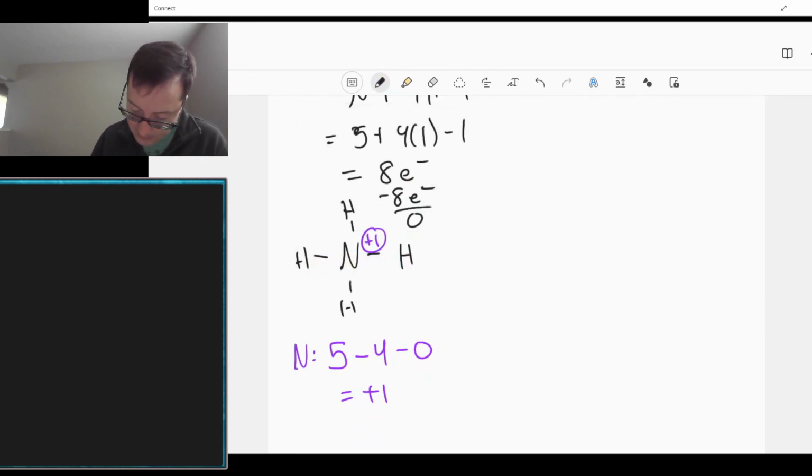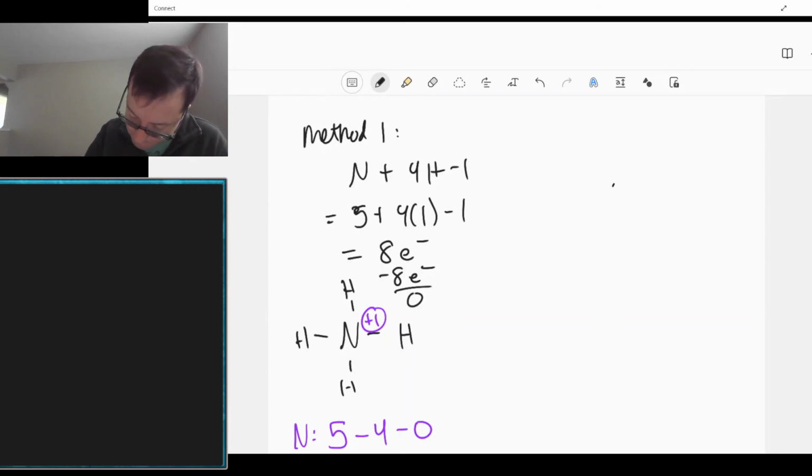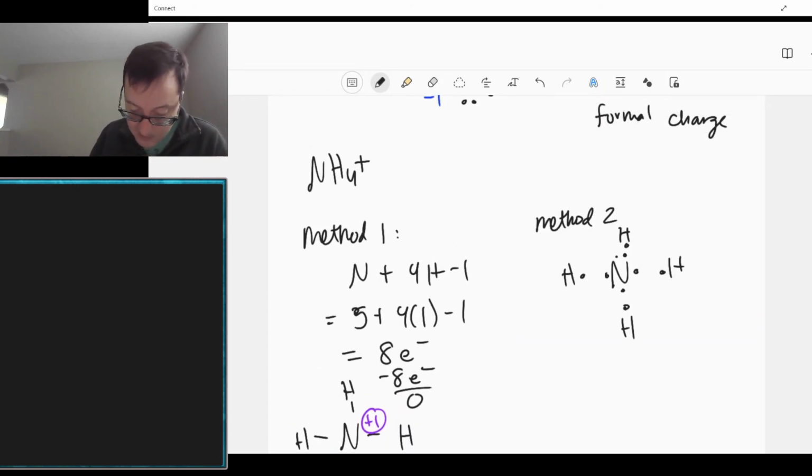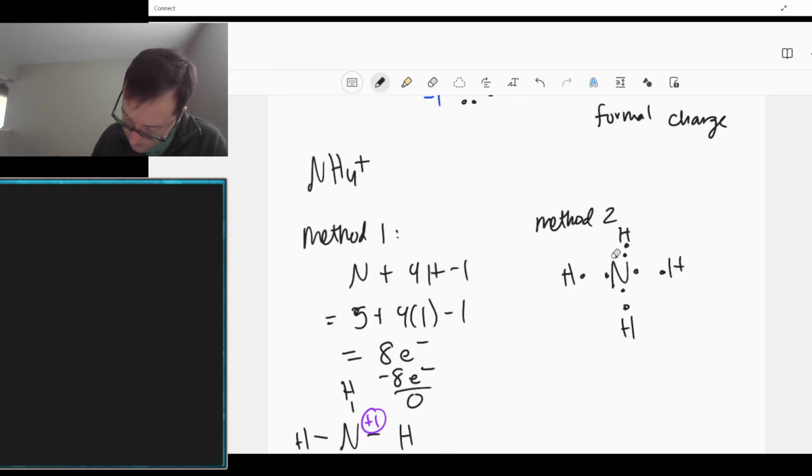If we look at connect the dots, we want to draw them all out with their valence. And notice, because this is a positive charge, we will remove 1 from the central atom. So poof. Oh, I erased my central atom.